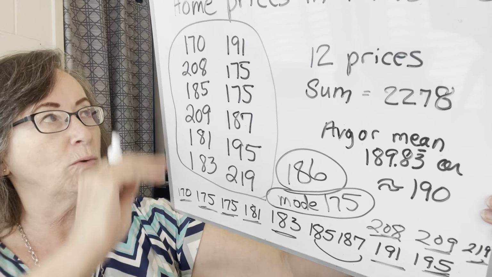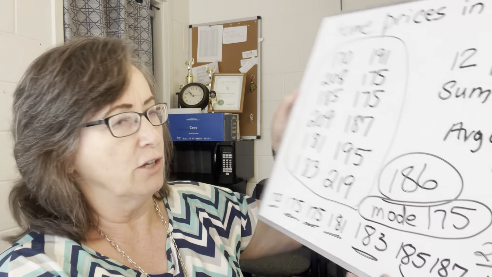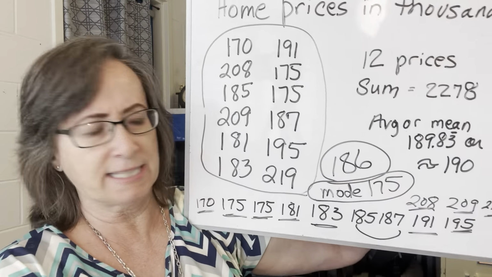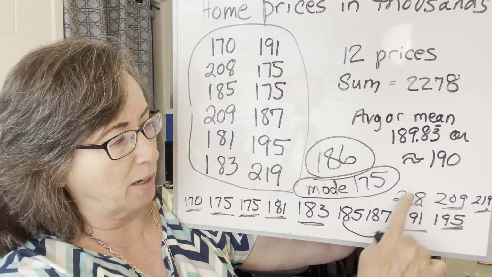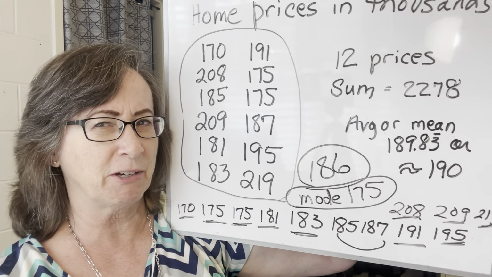Okay, so now there's one more question that they ask here. They said, which of these 3 measures is going to be the best way to determine the true center of this data? Okay, so now remember, the mode was just the most common one. Okay, so if I said the center of this data was 175, when I have a whole bunch up here in the 200s, that would not have been very accurate.